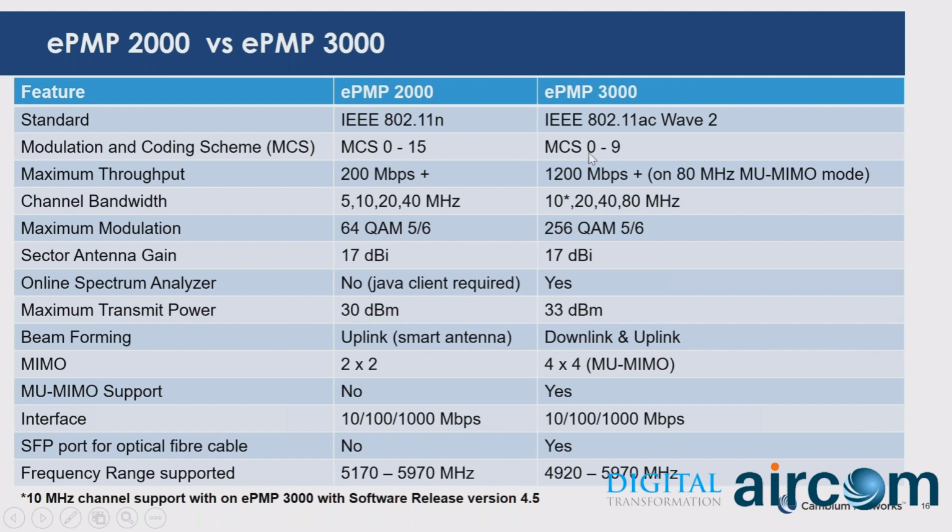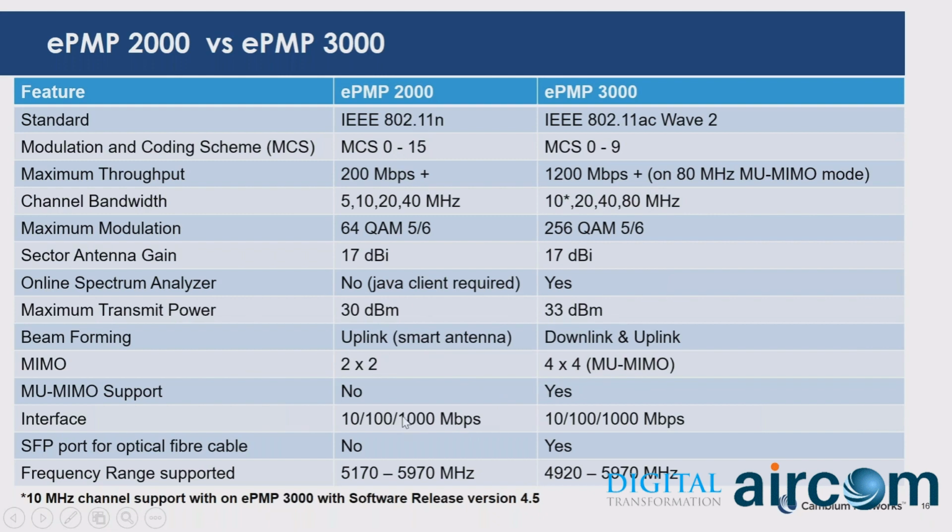Beamforming on 3000 is done both on uplink and downlink, whereas for ePMP 2000, we were only doing the beamforming on the uplink using the smart antenna. MIMO support for 2000 is 2x2 and is 4x4 multi-user MIMO on 3000.